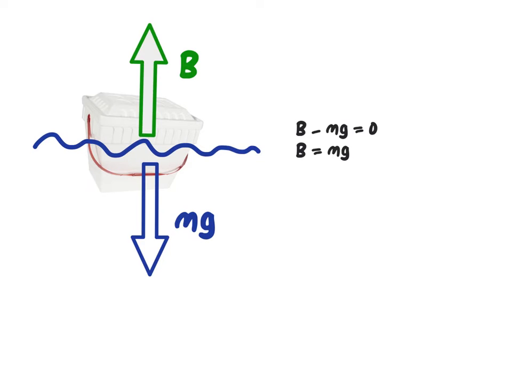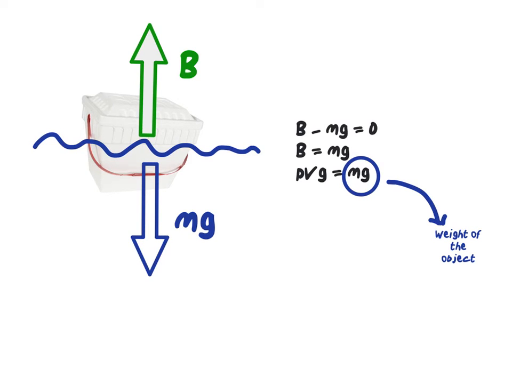Now, we just said that buoyant force could be expanded to be rho times V of the fluid times g, which equals mg. And those two things are the same. Now, we have to be very specific here. The mg on the right that I just circled is the weight of the object.